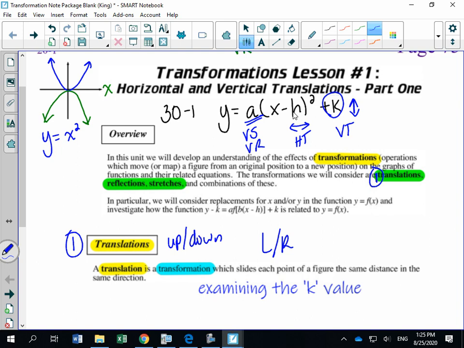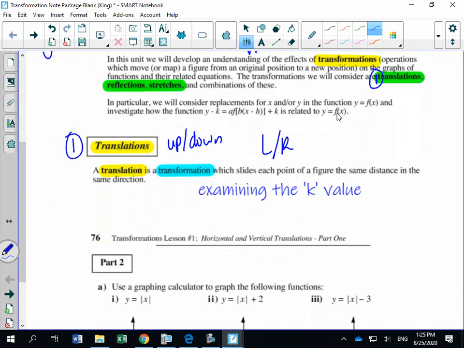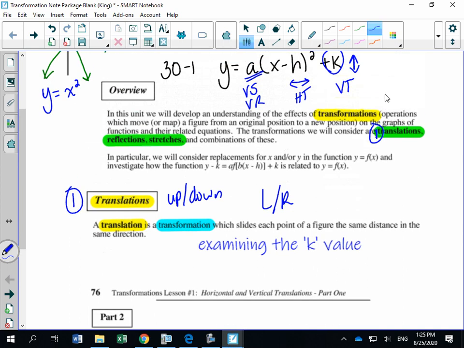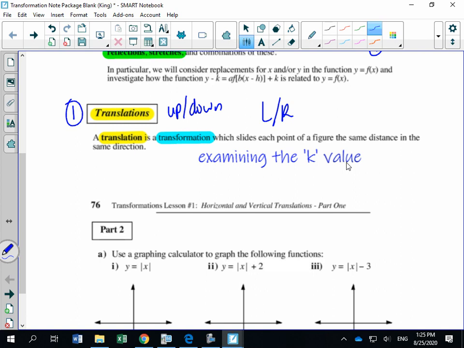So this lesson is going to be exclusively on the h and the k value. A translation is a transformation which slides the figure the same distance in the same direction. What we're going to do now is start by examining the k value. The k value is a vertical translation, and that's going to be up and down. Write down: examining the k value.